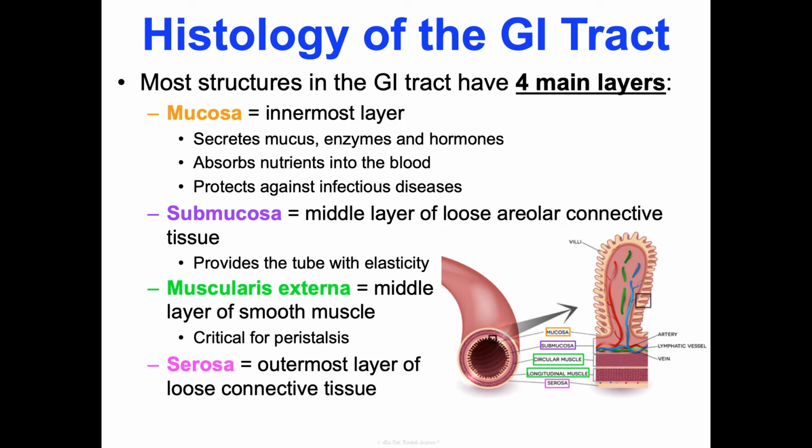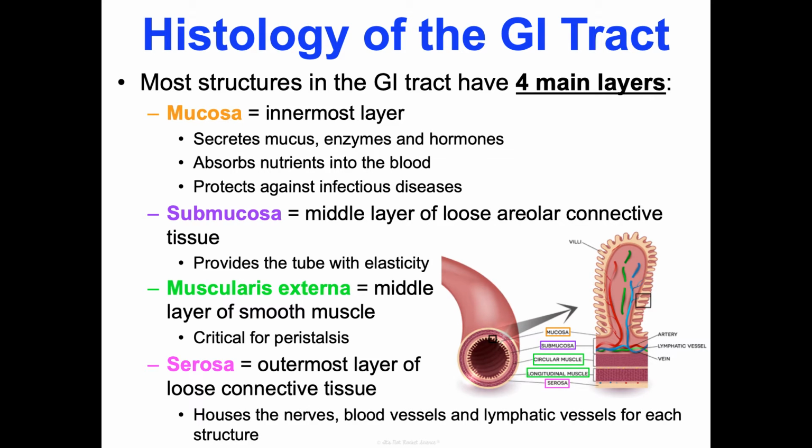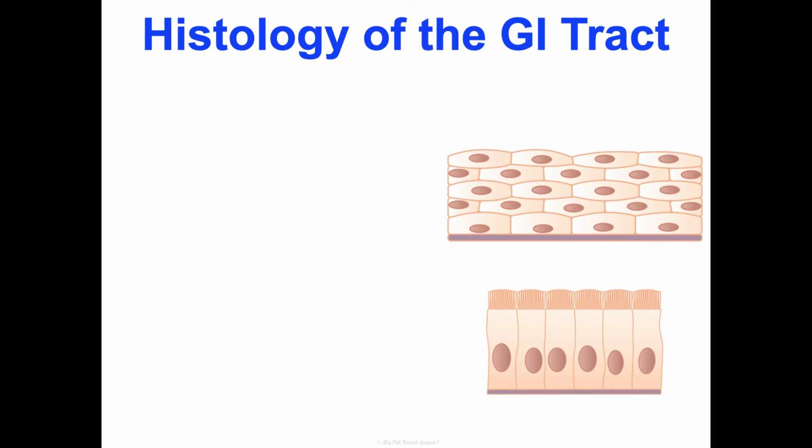And then we have the serosa, which is the outermost layer of loose connective tissue. That's where the nerves, blood vessels, and lymphatic vessels for each structure are going to be nourishing and playing a part.